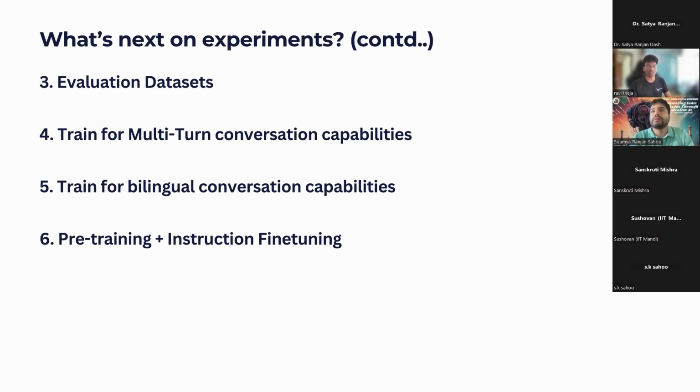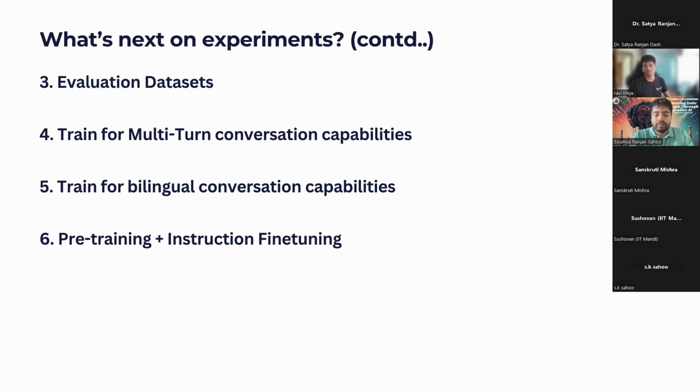I guess one of the sessions here is from Sunaina as well. So we need much better evaluation data sets to understand how the models are behaving, how the model capability should be improved, and what kind of data should be included inside the training data set to make it much more generalizable.